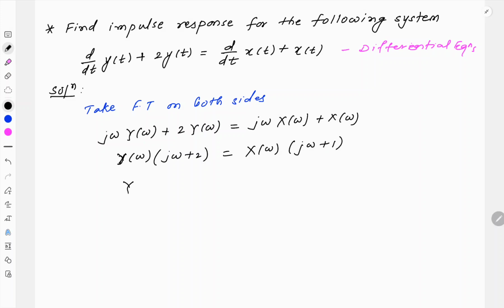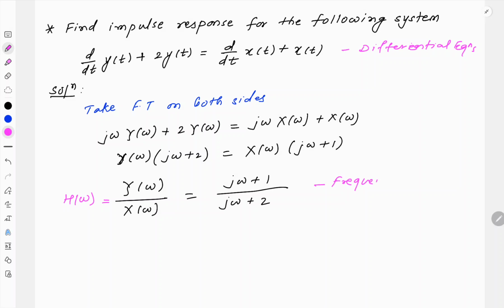So if we take the ratio Y(omega) divided by X(omega), this will be equal to (j omega plus 1) divided by (j omega plus 2). So we have obtained Y(omega) upon X(omega), which is nothing but H(omega), the frequency response.